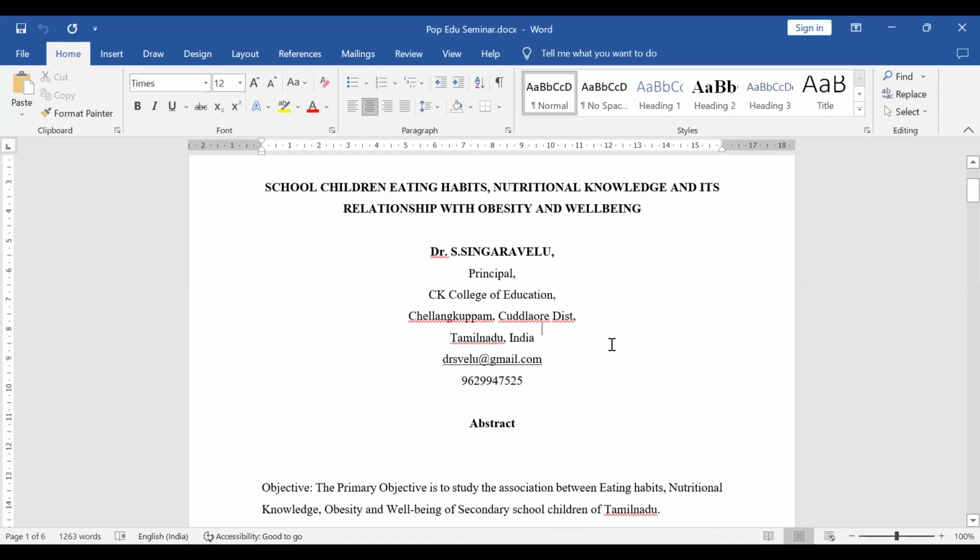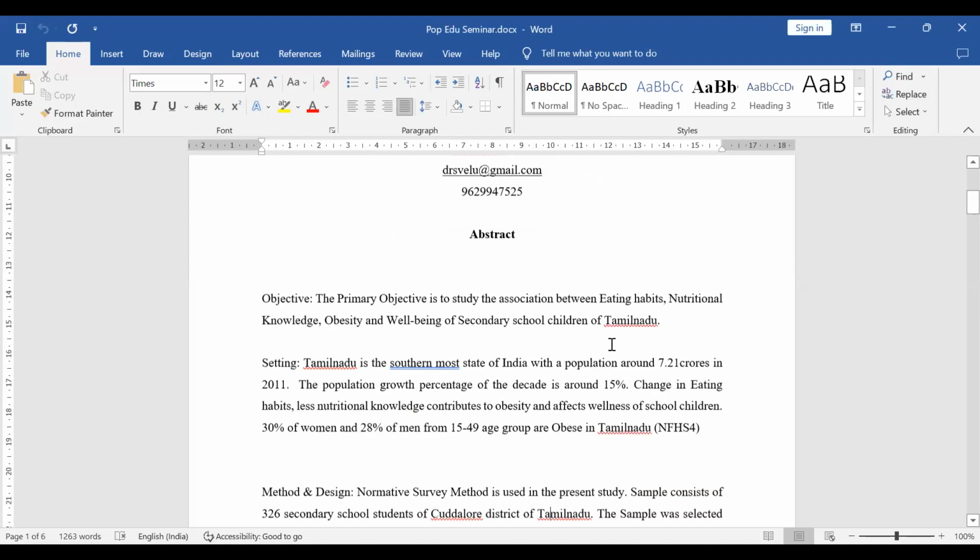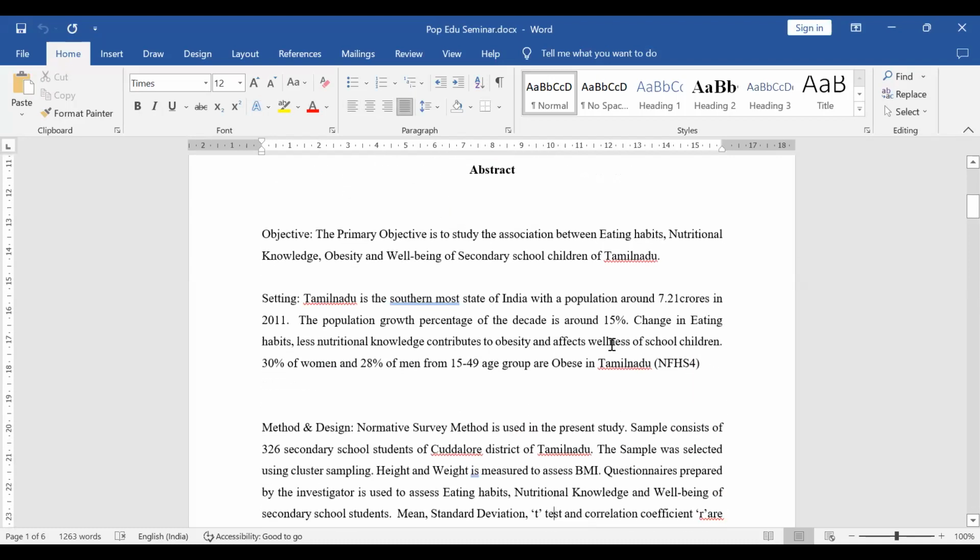See, this is the abstract I have submitted. My objective is to study the association between eating habits, nutritional knowledge, obesity, and well-being. Since it's a national seminar, I have to give the Tamil Nadu population and obesity level, based on a survey, as the setting.